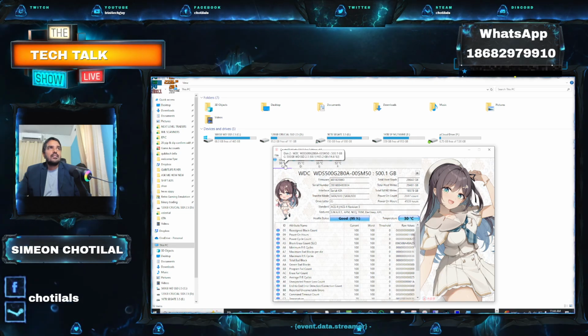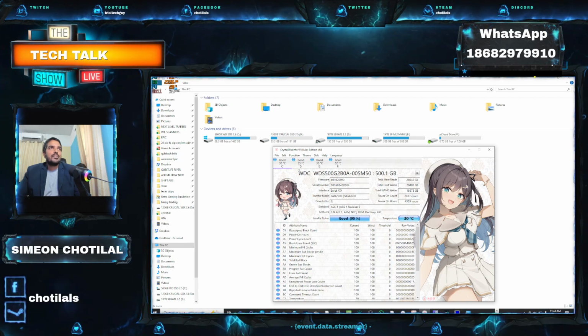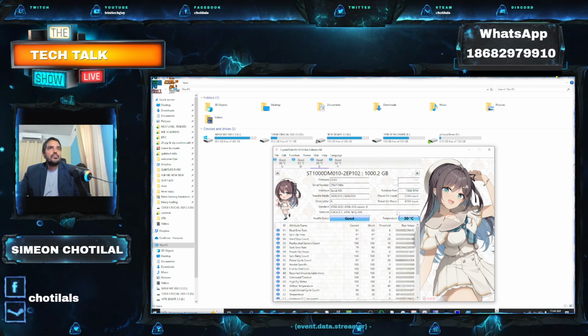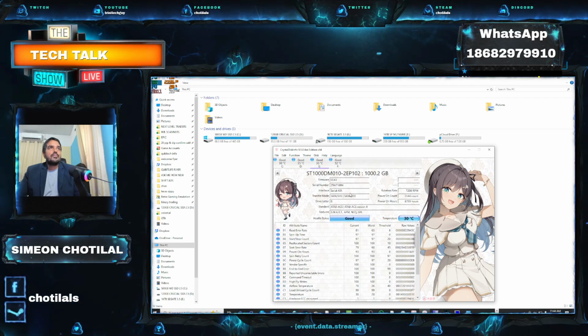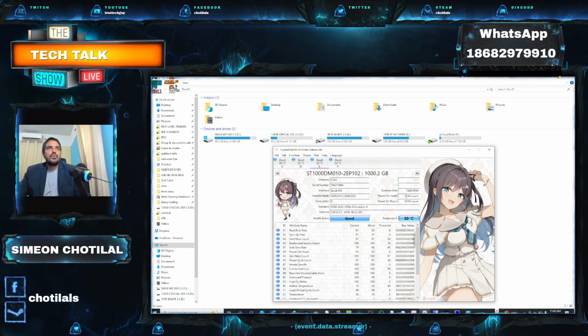So you could see this 2-year-old drive that I have is still at 30 on the temperature. If I go to the 3.5, it's still good, and this from Seagate, this particular 1 terabyte. So really good. It tells you the power on hours as well and the power on counts.